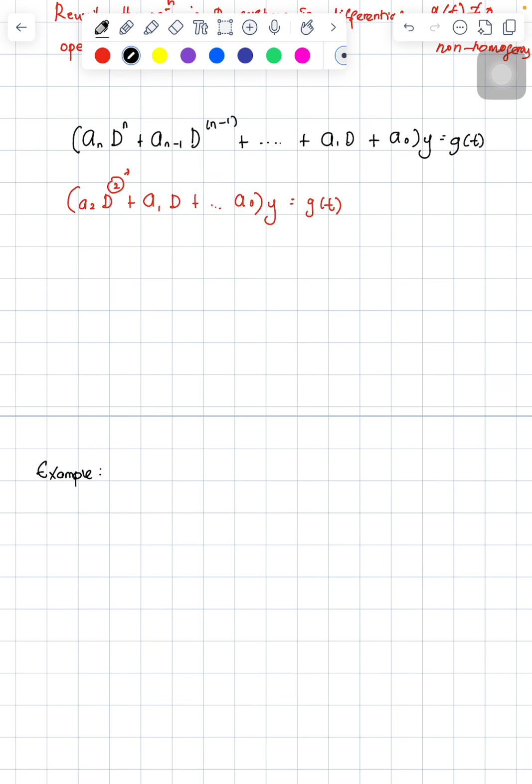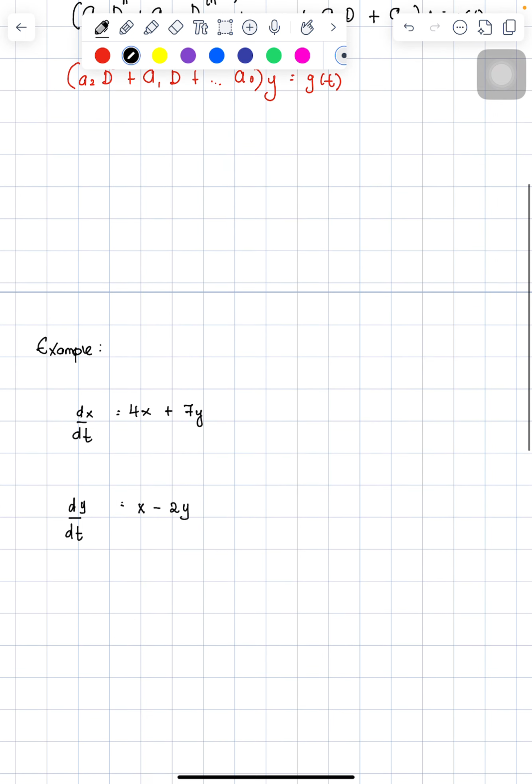For example, if we have two equations, the first one is dx over dt equals 4x plus 7y, and the second one is dy over dt equals x minus 2y. So we have the simultaneous equations.